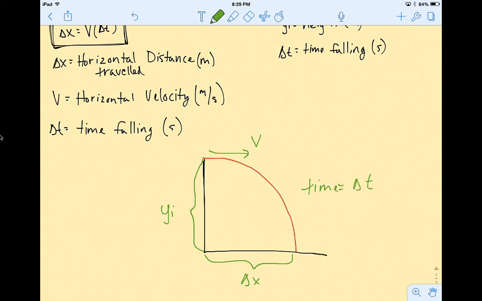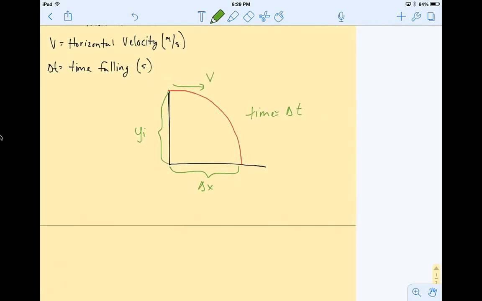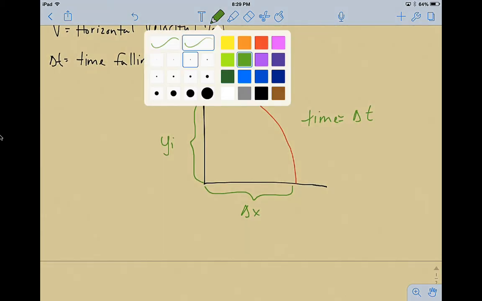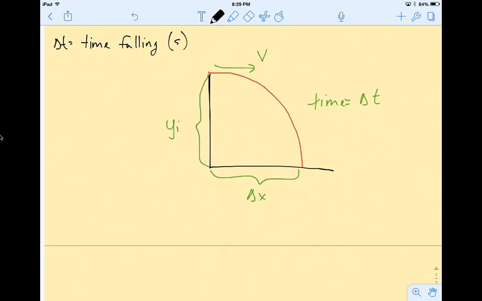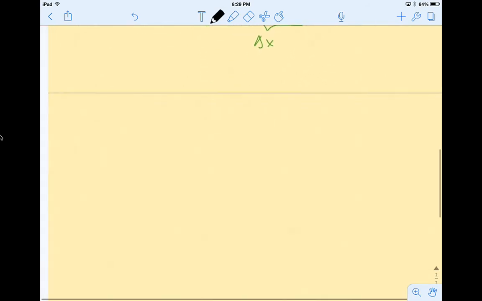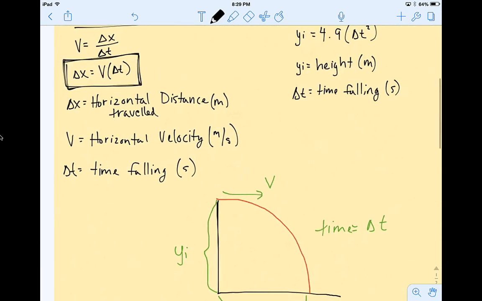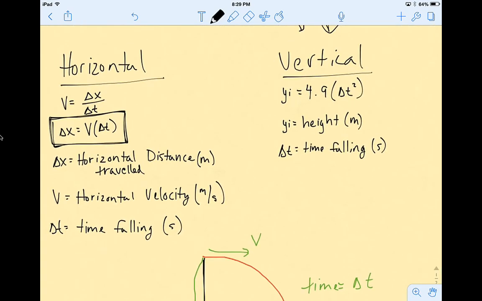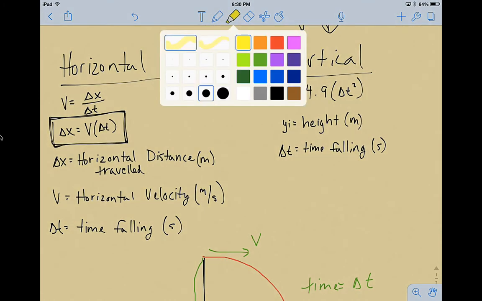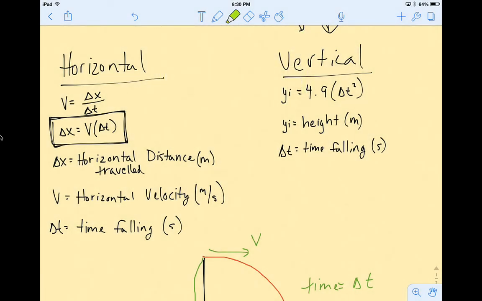Now, the most important thing here, and what I really, really, really want all of us to remember, is this next thing that I'm going to say. If we look back up here, sorry, I'm scrolling around a lot. If we look at the two, and we say, well, what do they have in common? The big thing that they both have in common is delta t.